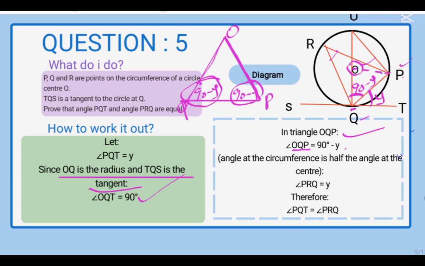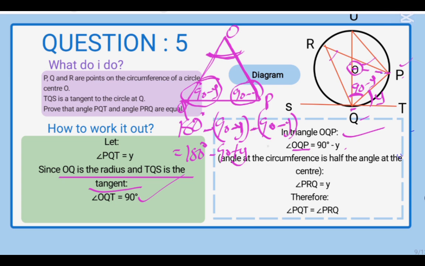If we have that, angle O here will now be 180 minus 90 minus y, minus another 90 minus y. That gives 180 degrees minus 90 plus y, because the minus multiplies the minus, giving plus y. Also the other minus multiplies the minus, giving minus 90 plus y again.